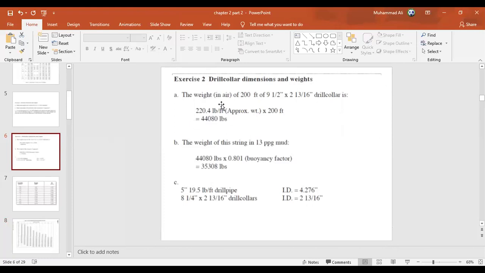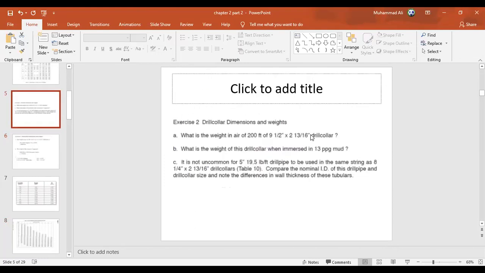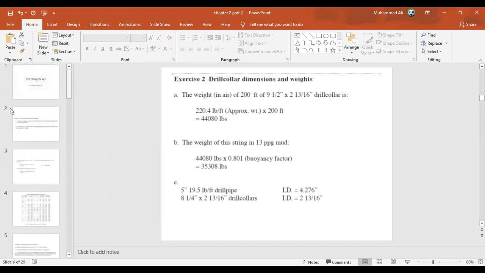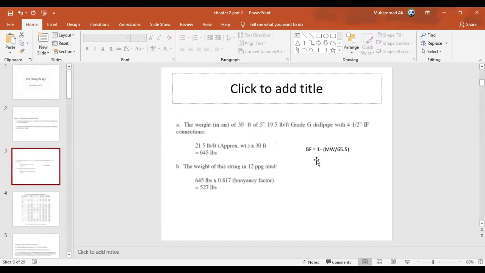Now the same thing we have to look at: this is in air. What is its weight in the borehole where there is a drilling fluid? In the question, it is mentioned that the mud weight of the drilling fluid is 13 ppg. We calculate based on this formula again, which is mud weight over 65.5.